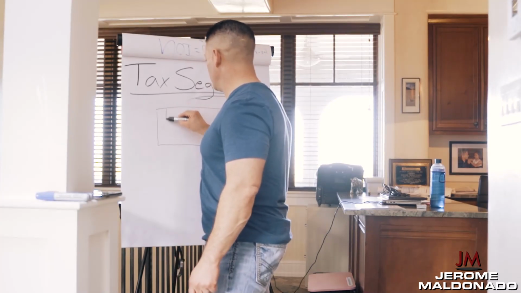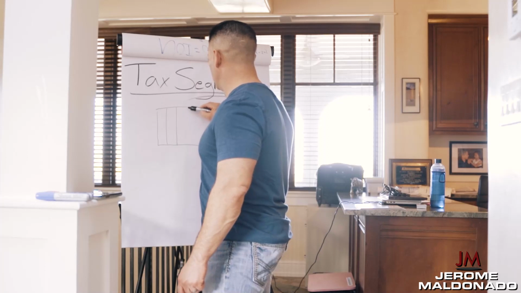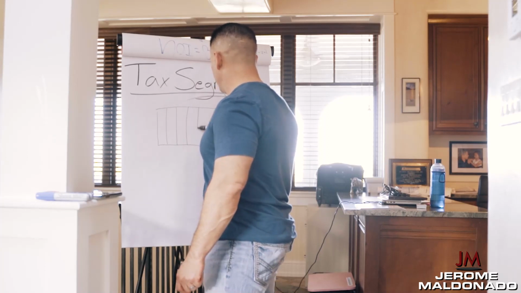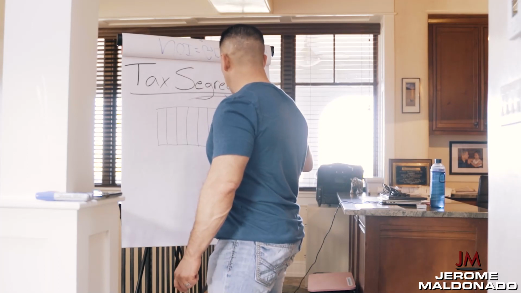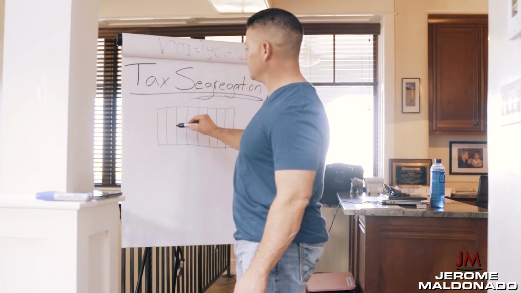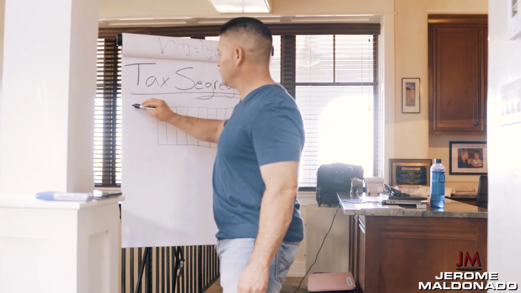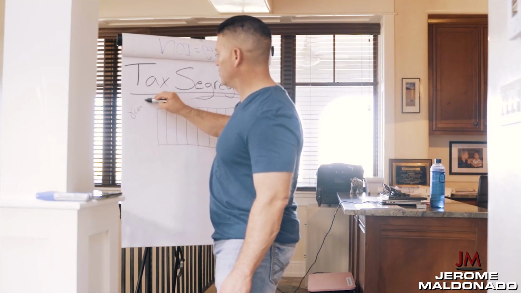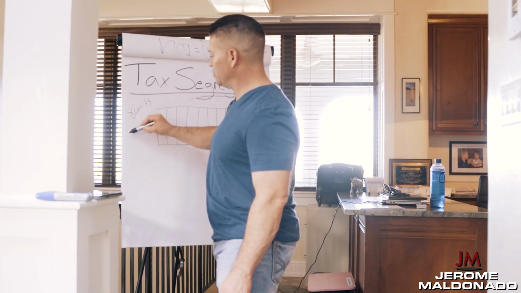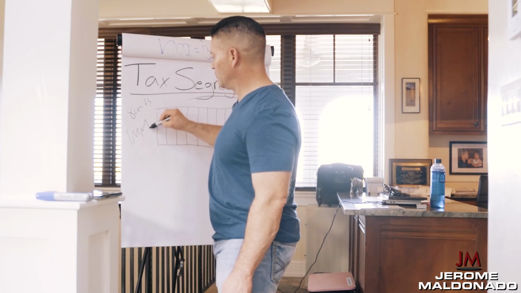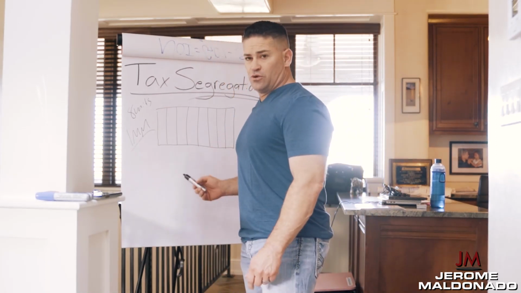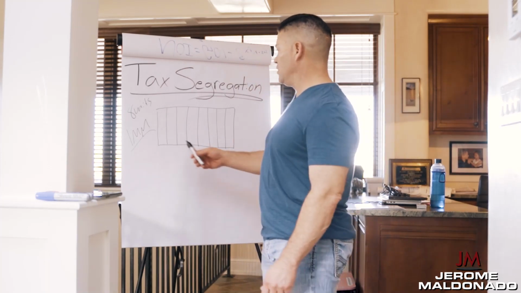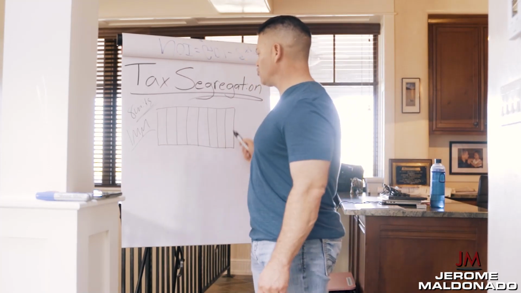So it's 1, 2, 3, 4, 5, 6, 7, 8 units. Okay, so you've got 8 units, $1 million, and you take this $1 million. There are 8 units here, and you take these 8 units, and you say, okay, here's the structure.